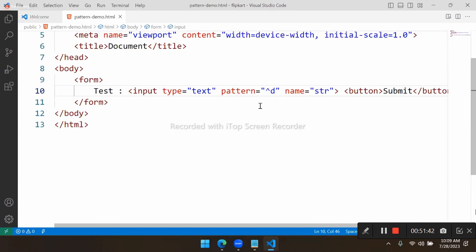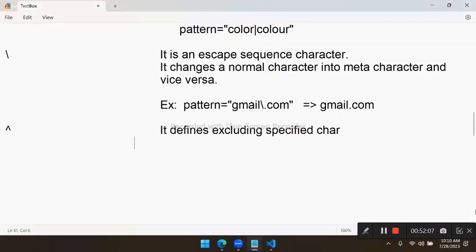That means we can even write like this, allow only D here, but we can also write that allow all others other than D. We can put that type of restriction also. How to write it, I will show you. What does this mean? That means exclude D, excluding the specified character.